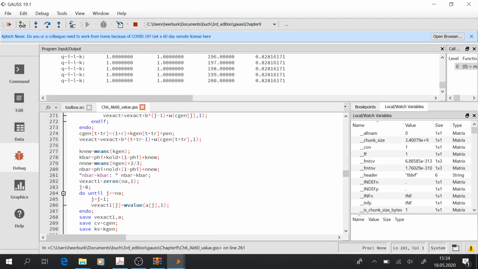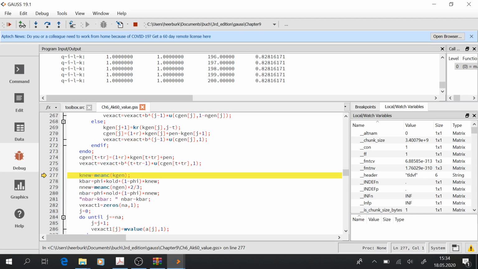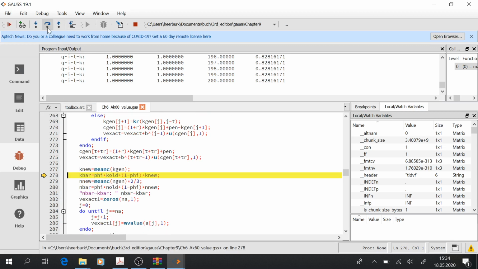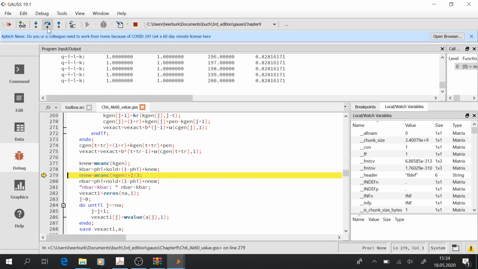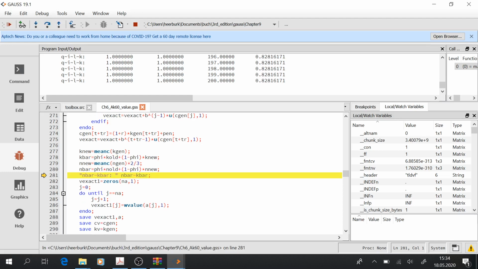And when we have done so, we just compute the average wealth as our aggregate wealth and update the capital stock as a weighted average of the initial aggregate capital stock and the newfound solution, and the same for aggregate employment. Notice that the measure of the workers is 2/3 times the average labor, which implies aggregate labor.